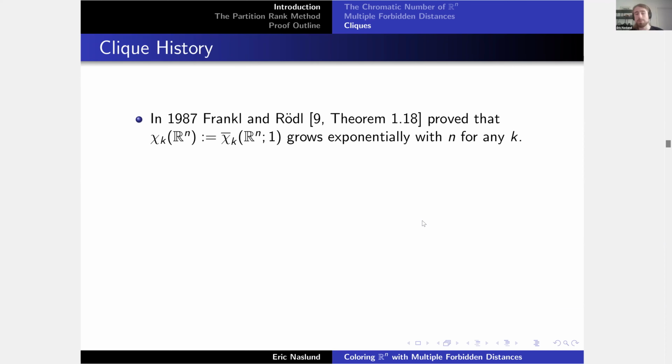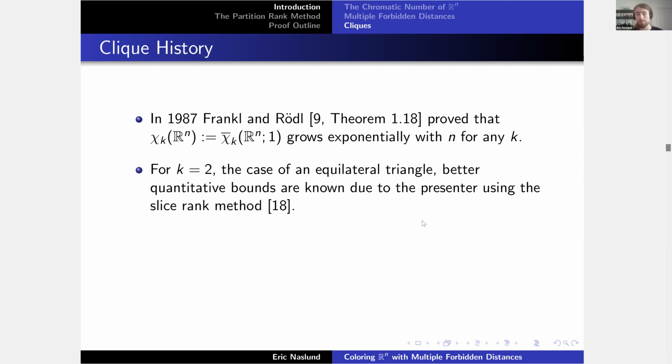I'll note a couple things about the history. Frankl and Rödl proved that chi sub k of Rn grows exponentially. So if you just have one distance, the number of colors you need to color Rn so that there's no clique of the same color also grows exponentially, which is maybe kind of surprising.